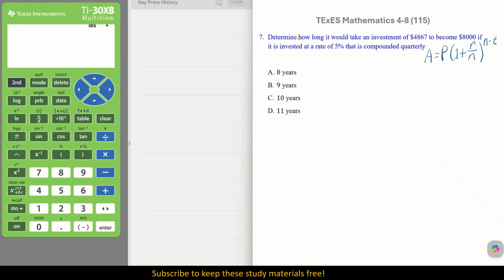In our question, they're asking you to find t. So t is what we're looking for. Now let's designate the other items. A is the $8,000. P is the 4,867. Obviously, your R or your rate is 5%, and N is 4 because that's what quarterly means.